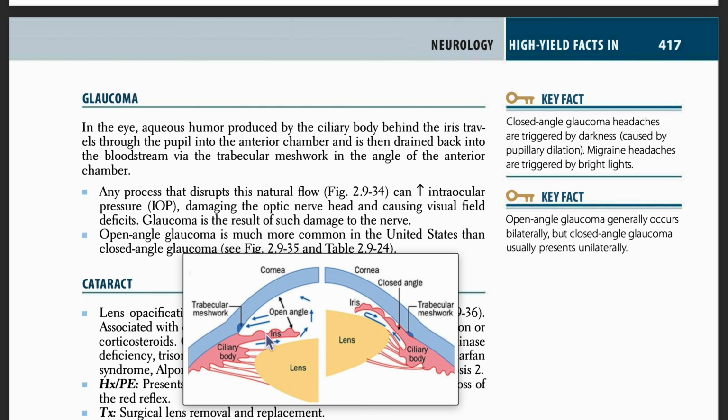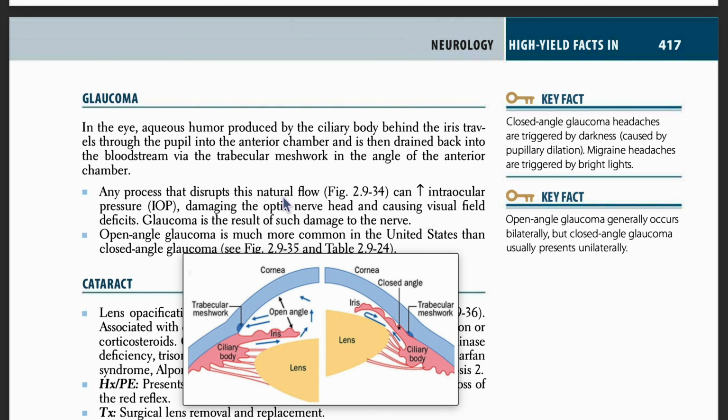So the iris is right here. This is the front cornea, and the lens. It goes through the pupil into the anterior chamber and is then drained back into the bloodstream via the trabecular meshwork in the angle of the anterior chamber.